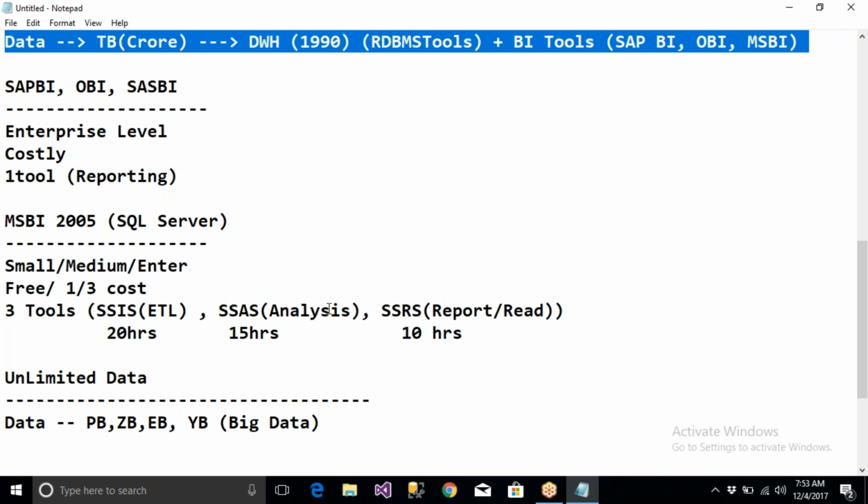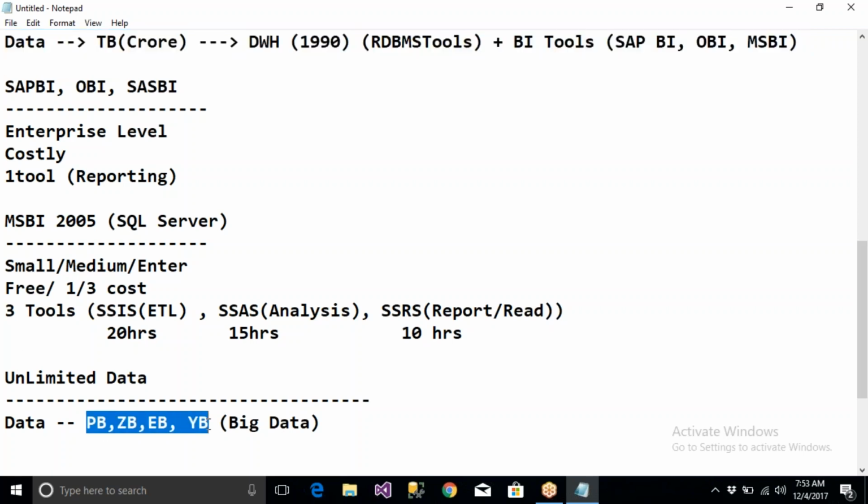That is the root cause of these sizes. Can you tell me one example where machines are creating data? For example, weather forecasting machines, a lot of radars, a lot of sensors, a lot of flights. How many flights will be in the sky at this moment? Thousands, lakhs, millions of flights, right? Each flight is creating a lot of data.